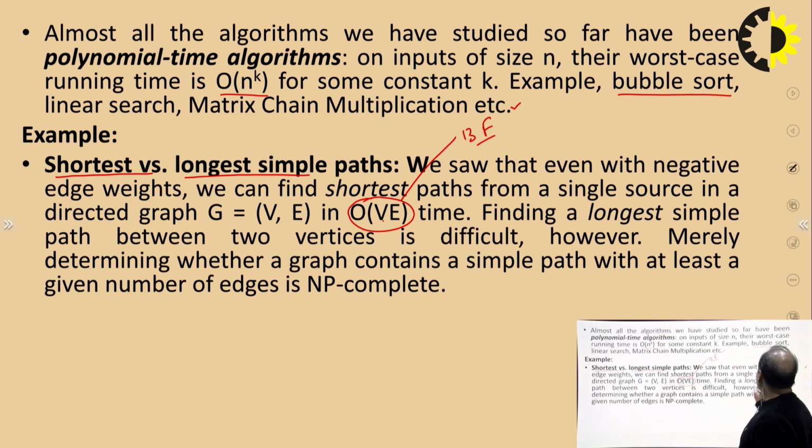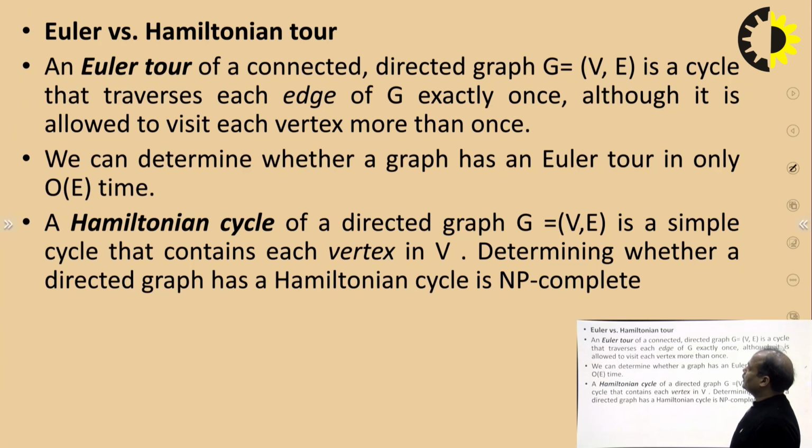However, finding a longest simple path between two vertices is difficult, not impossible, but difficult. This means that it cannot be solved in polynomial time, in order of n to the power k. So the shortest path problem is polynomial time solvable, but the longest path problem is not. The second category of problem is Euler versus Hamiltonian cycle.